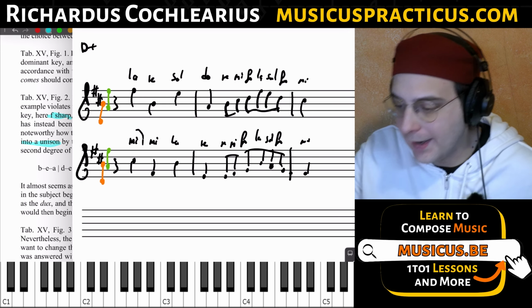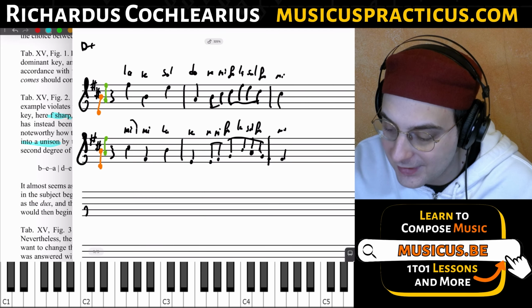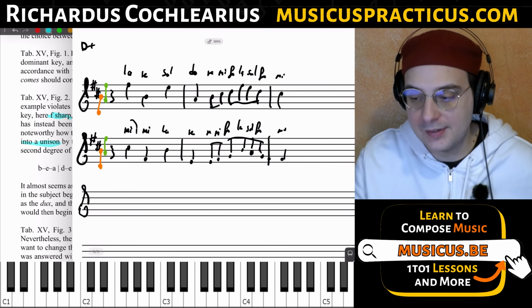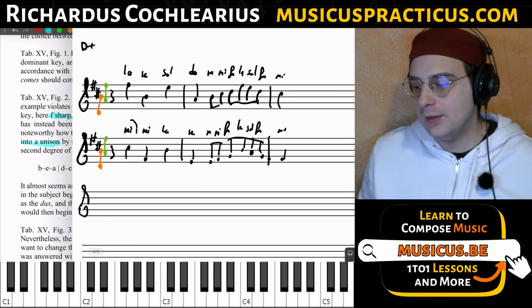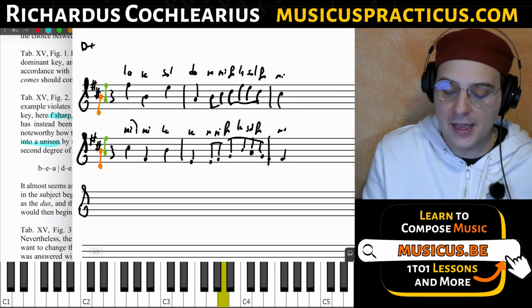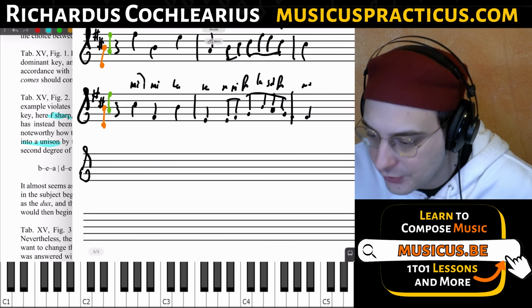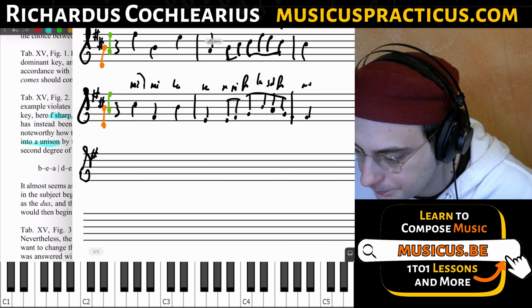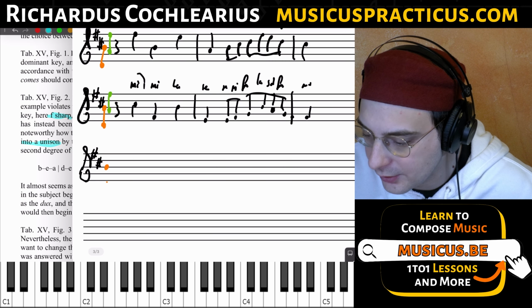While if we start on the second degree of the dominant, so we are in D major, what's the second degree of the dominant? The second degree of the dominant is B, because dominant is A, so the second degree is there. And on B, as you can see, there is the other hexachord. So we answer basically using the other hexachord.